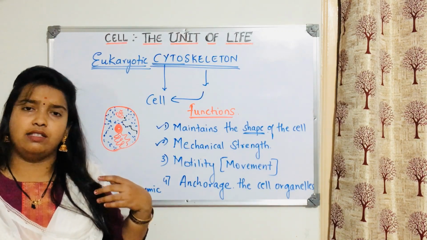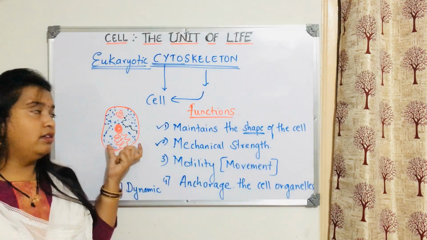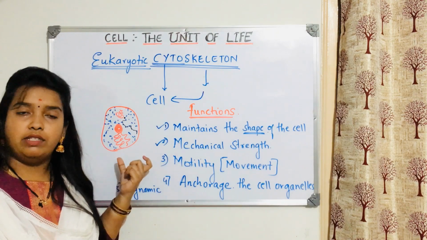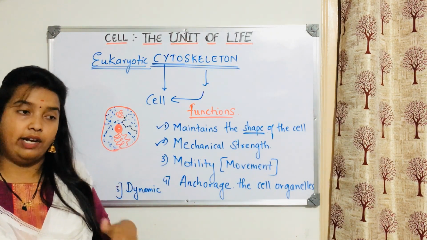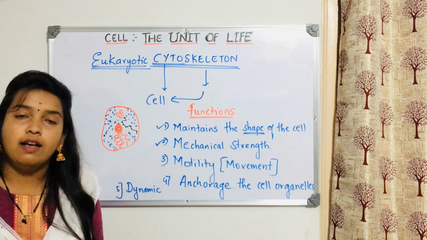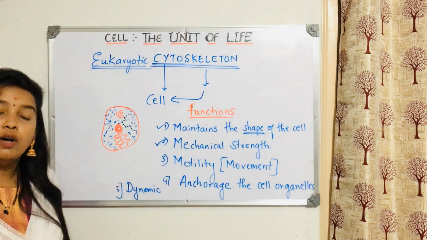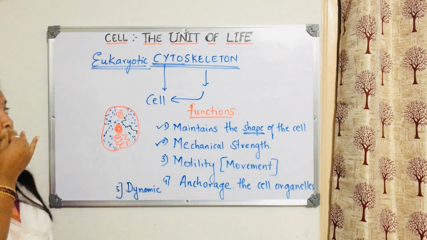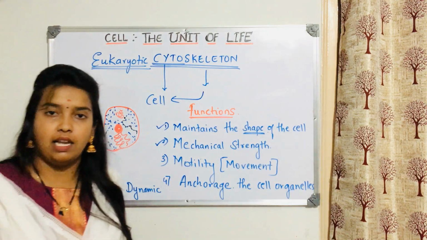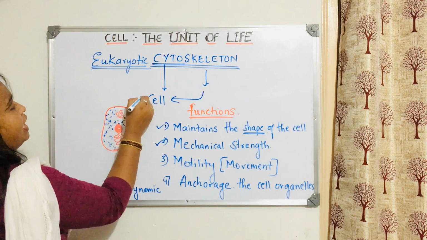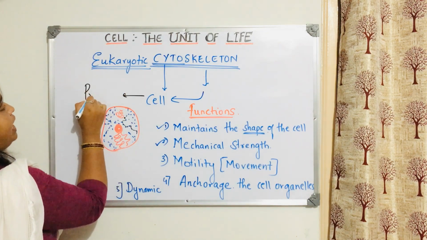It is always in favor of the cell. However the cell requires, it functions like that. So I hope you understood these functions, why the cytoskeleton is important. Now, particularly, what is the cytoskeleton? It is nothing but the skeleton system within the cell. Then what is it made up of? It is made up of proteins.